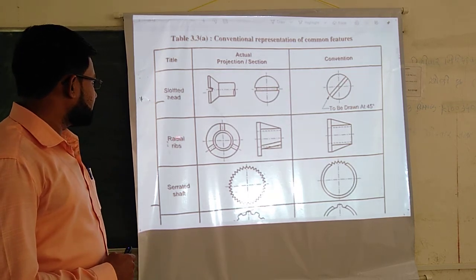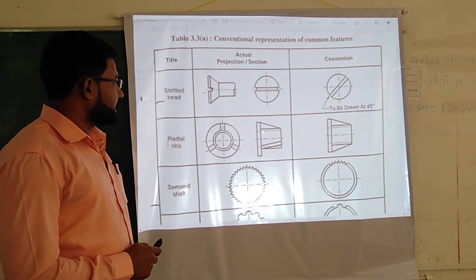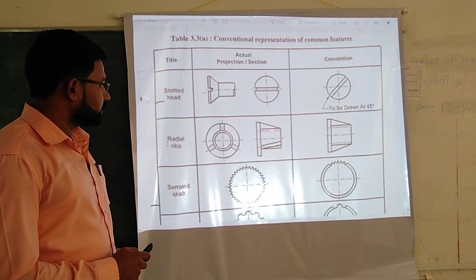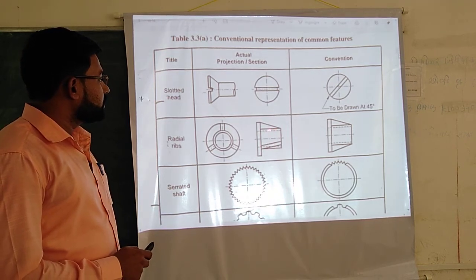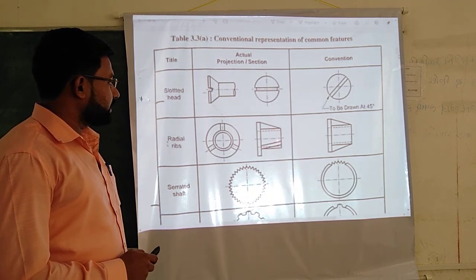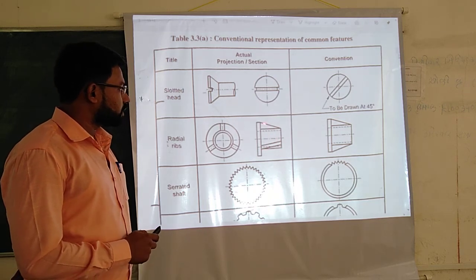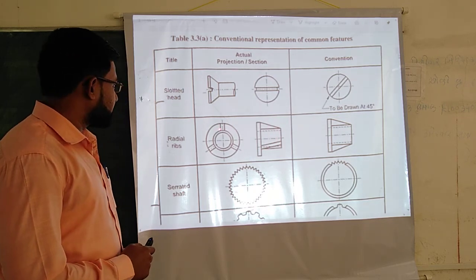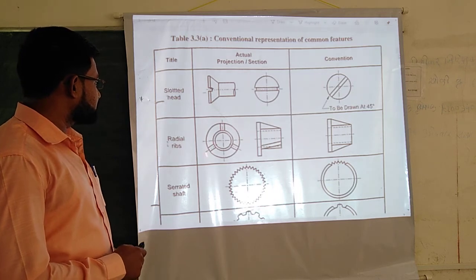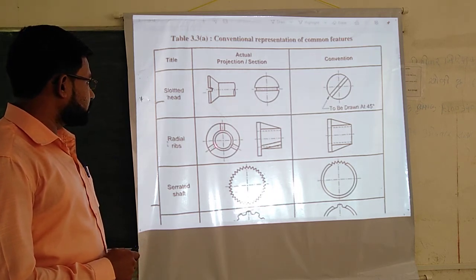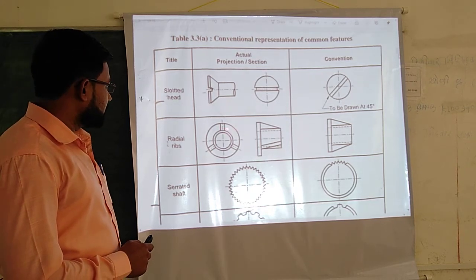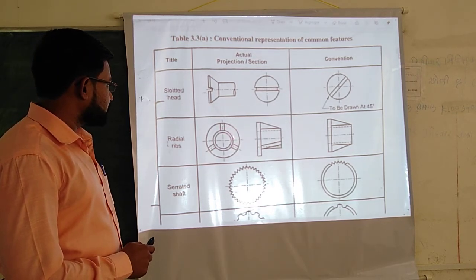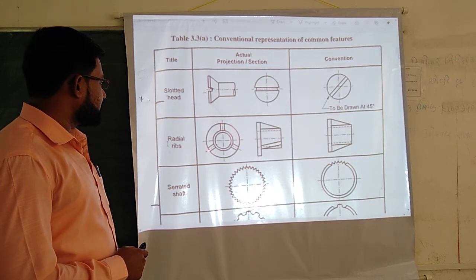Next is radial ribs. Many times this is a pipe, with the dotted line, so this is the pipe. If the length of the pipe is large, or to support the pipe, ribs are provided radially. In this actual projection or section, 3 ribs are provided at the same angle, equispaced.